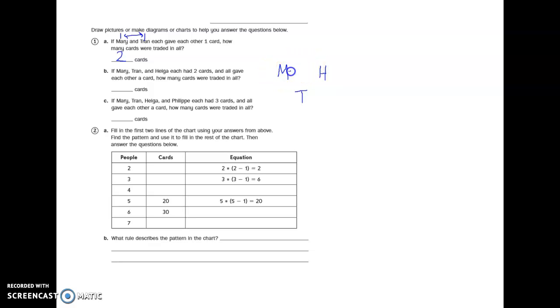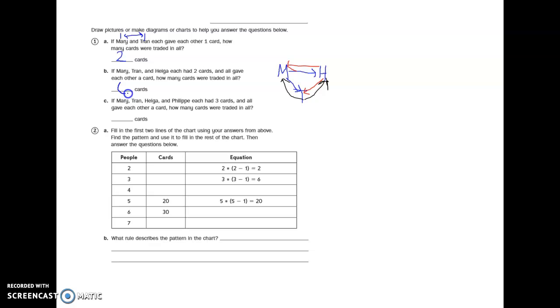So Mary gave a card to Helga, and Mary gave a card to Tran. And Helga gave a card to Mary, and Helga gave a card to Tran. And then we had Tran, who gave a card to Mary and gave a card to Helga. So you can see that we did trade 6 cards in all.